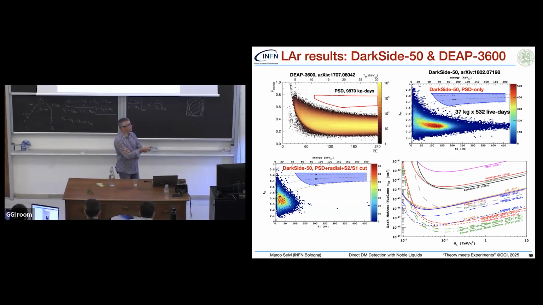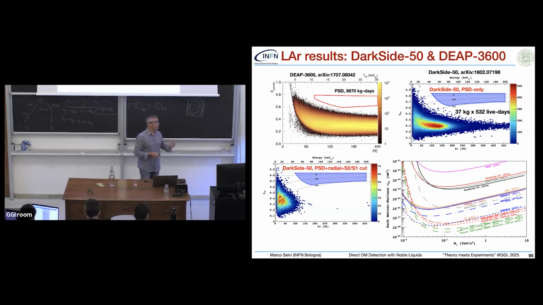Here is their data taking. You see that basically everything was electronic recoil in this band, while this island here is where they would have expected nuclear recoils. That is clearly well separated from the other region. They didn't see any event over there, so they put an upper limit.